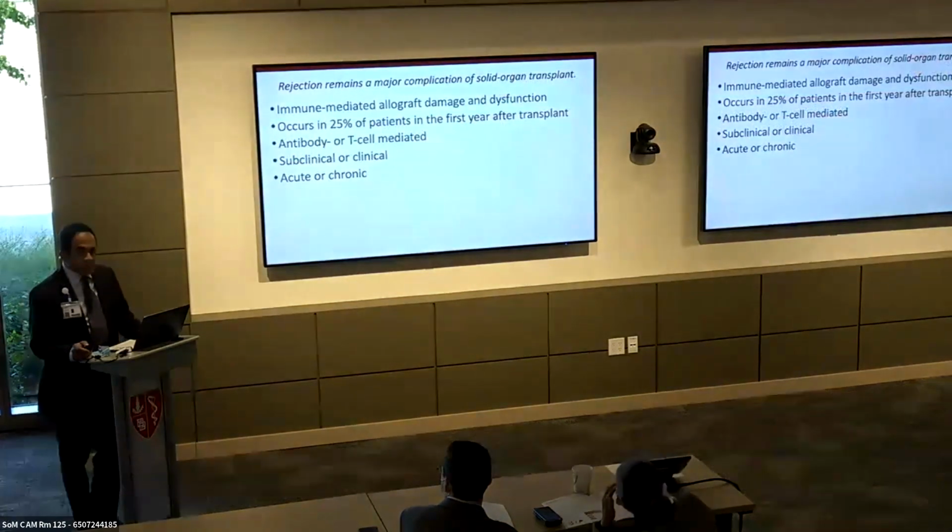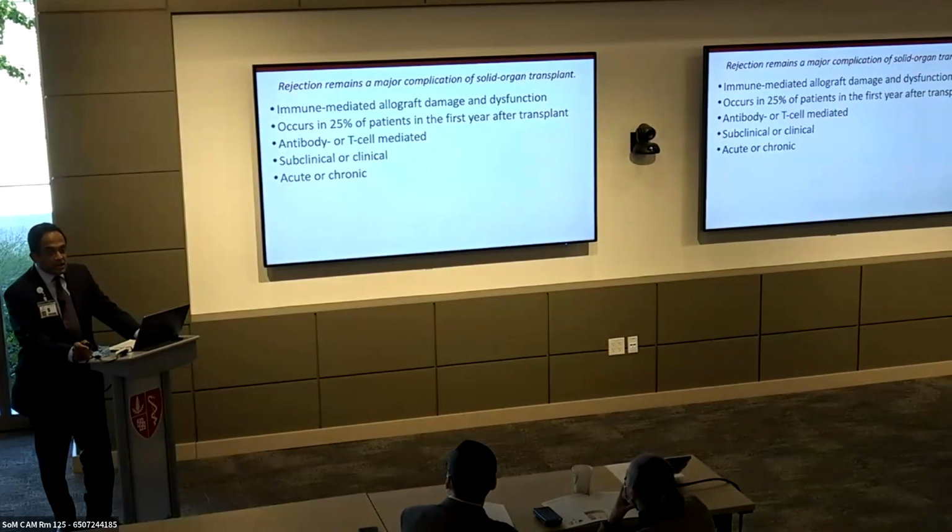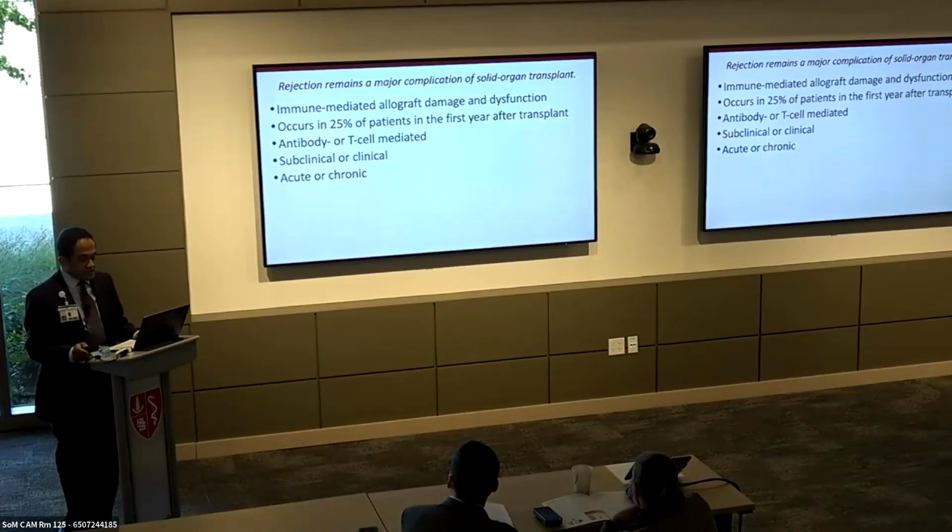While most transplant recipients do really well, one of the toughest things to deal with is allograft rejection. It refers to immune-mediated damage of the allograft and therefore resulting dysfunction. It occurs in about a quarter of patients in the first year after transplant.